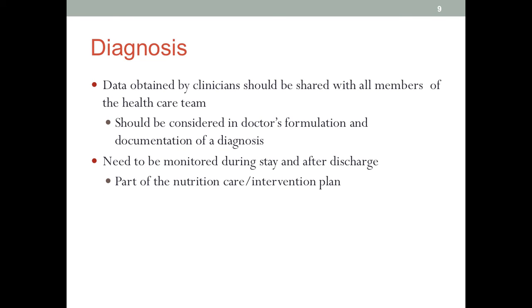Malnutrition can be diagnosed, or the criteria for it can be noted by different members of the healthcare team and then entered into the electronic healthcare records. And it's important that everyone documents this or somehow gets these things communicated in order for everyone on the team to be on the same page.